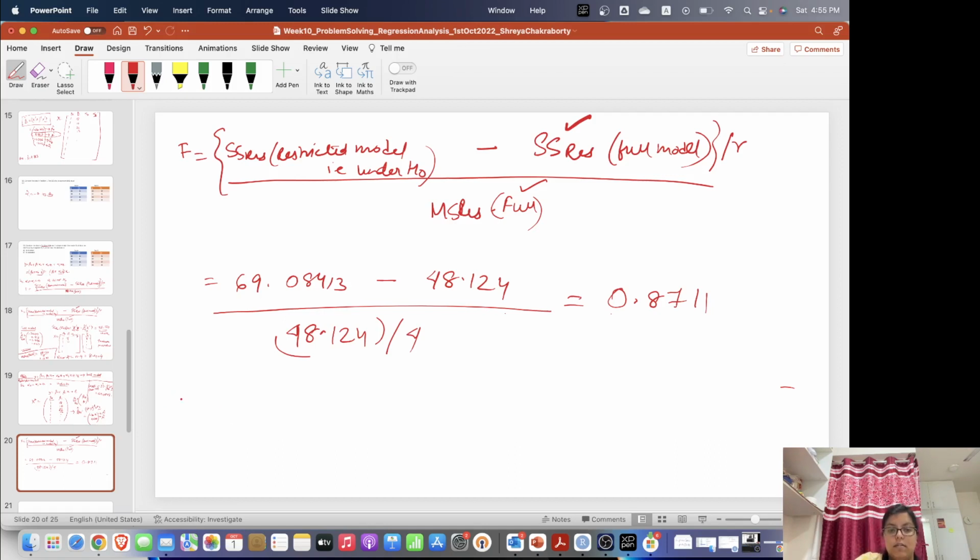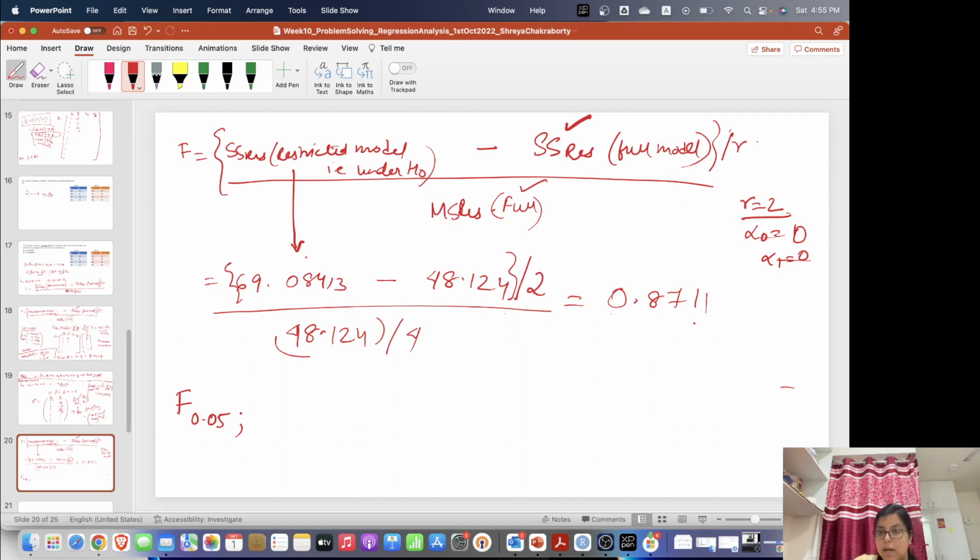Oh, sorry, I missed something. We need to divide by the number of restrictions, that is r equal to 2, because here we are setting alpha naught to 0 and alpha 1 also to 0. So 2 restrictions. We have to divide the entire numerator by 2, and then we substitute the MS residuals.